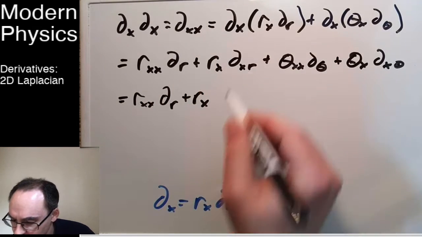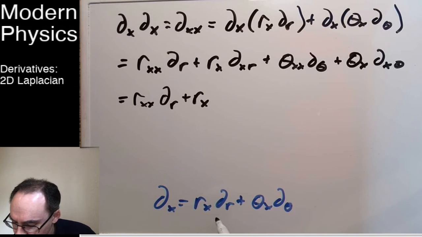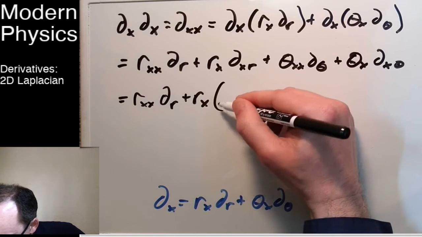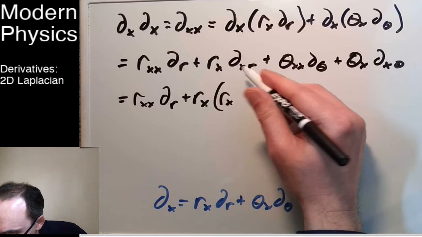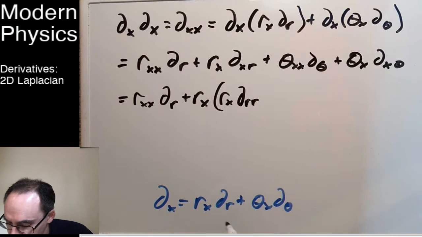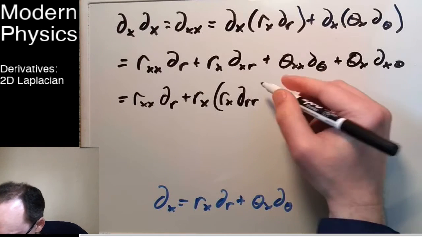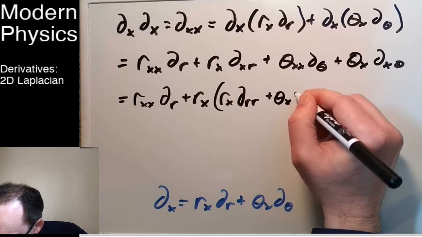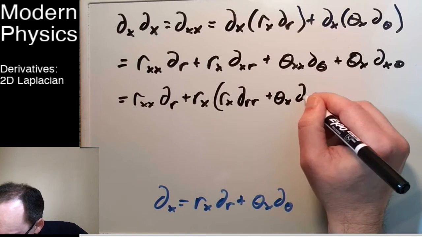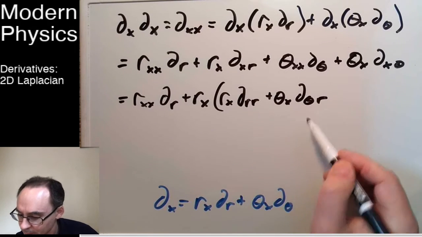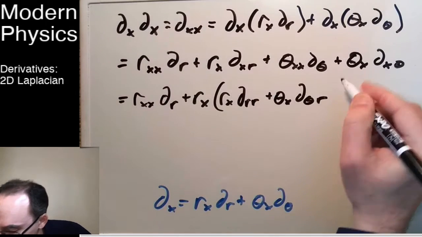But then in this term, I'm going to write this out this way. So I have r_x ∂_r, and then that's acting on this ∂_r. So this is just the second derivative with respect to r. And then this acting on ∂_r is going to give me the second derivative, but with theta and then r.